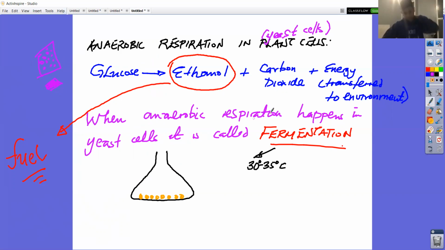Now, when we're carrying out anaerobic respiration, we don't want any oxygen, do we? No, we don't. So we're going to seal this completely. But before that, I take another solution. Now this solution is a glucose solution or sugar solution.